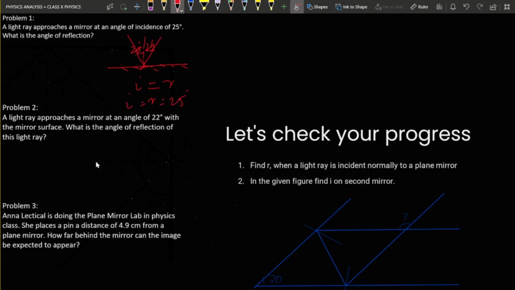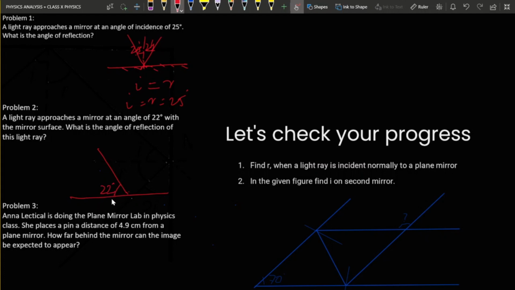Okay, moving on to the next question. A light ray approaches a mirror at an angle of 22 degrees with the mirror surface. What is the angle of reflection of the light ray? Let us suppose this is the mirror, and one light ray is falling on this mirror at an angle of 22 degrees to the surface.